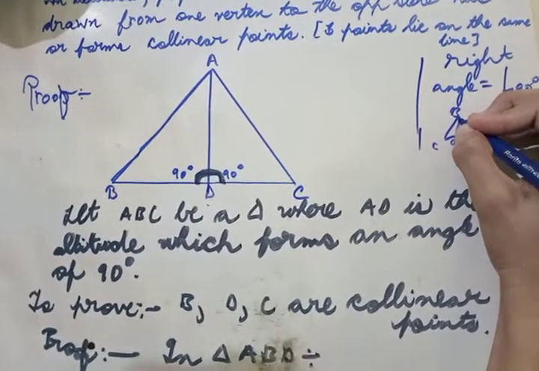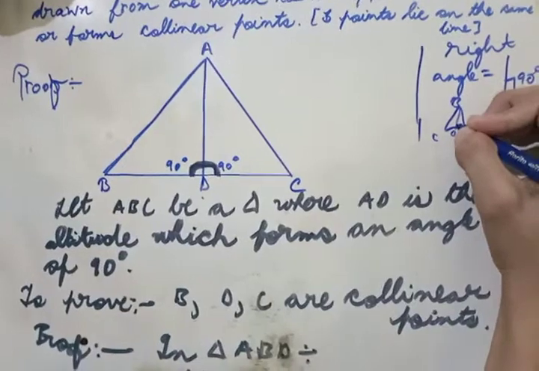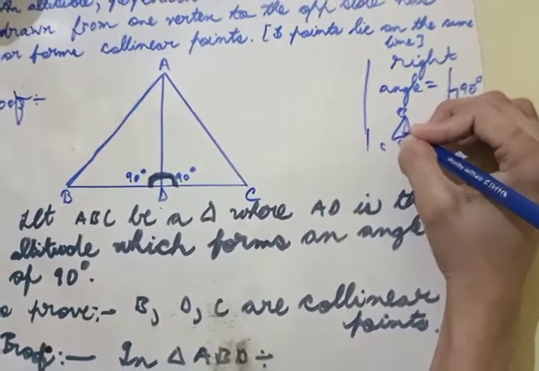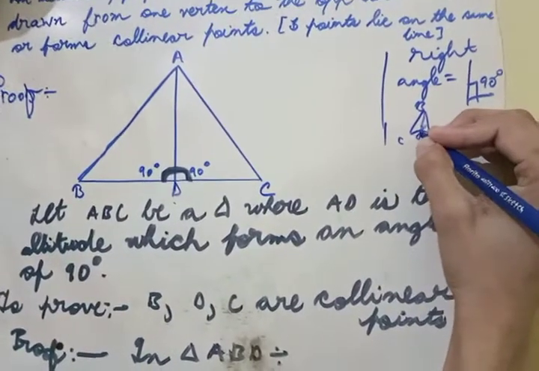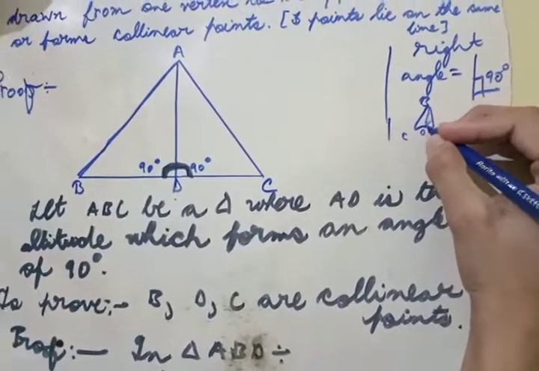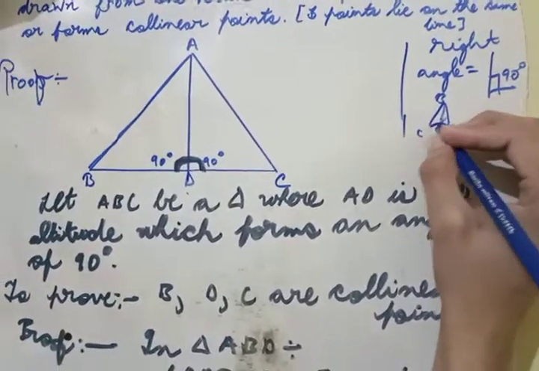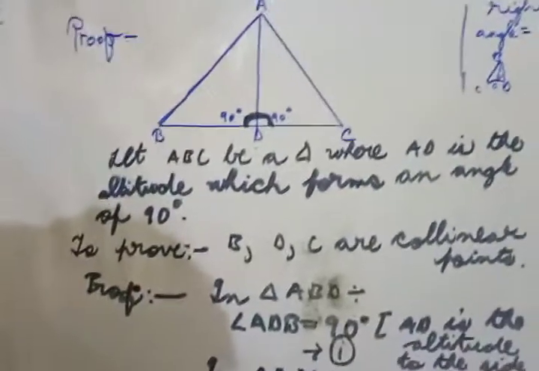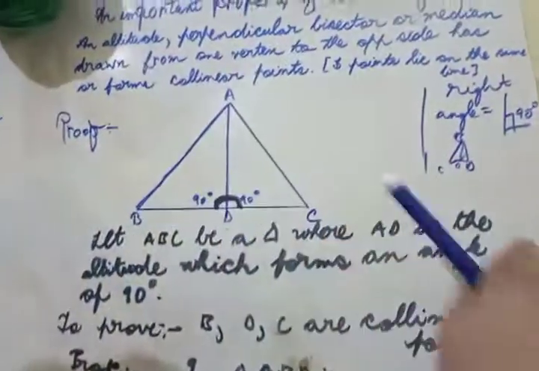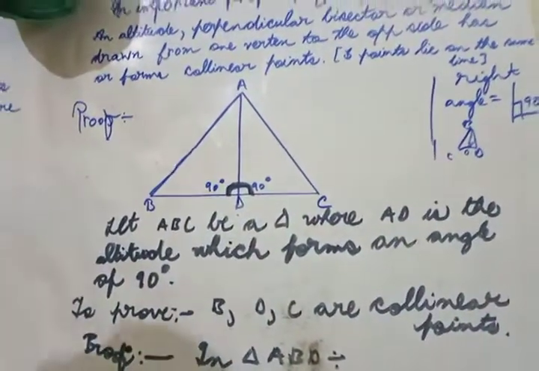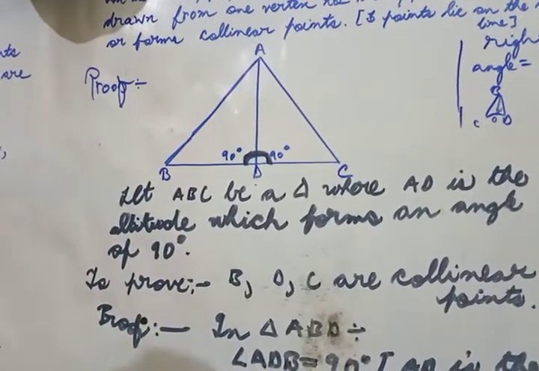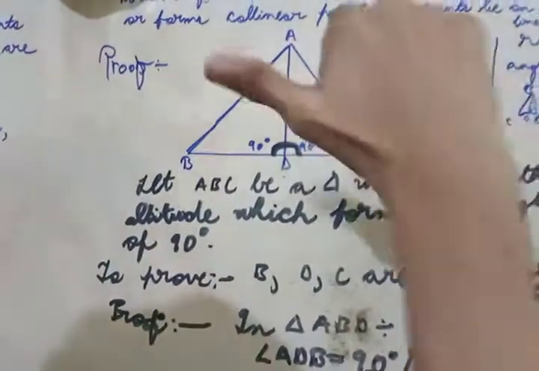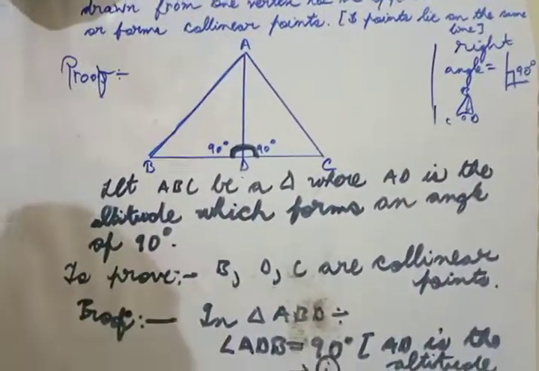From this vertex B, a line BO which is at 90 degree is drawn towards the opposite side CD, which meets the opposite side CD at O and divides it into 2 equal parts, that is CO and OD. A perpendicular bisector always bisects the opposite side into 2 equal parts. And a median is a line which joins the vertex of a triangle to a point on the opposite side.